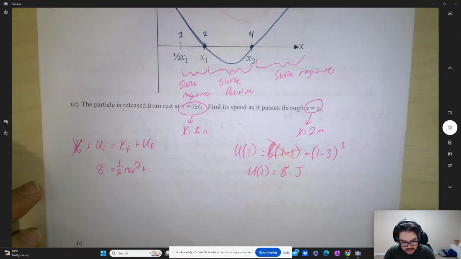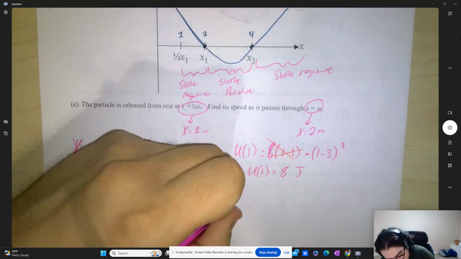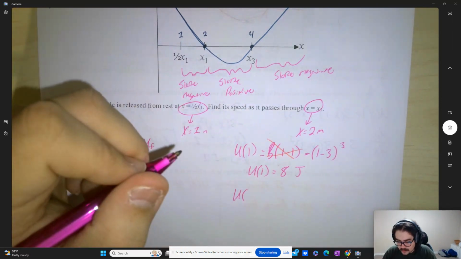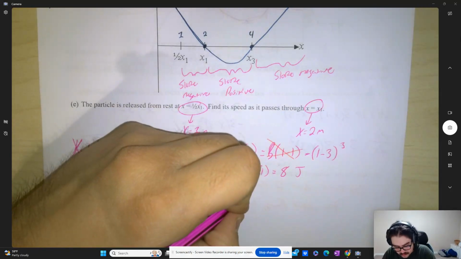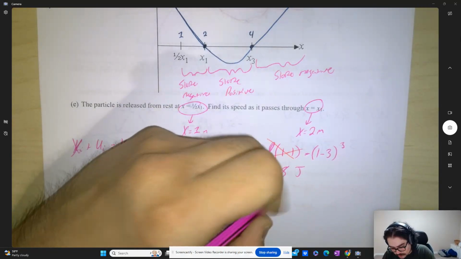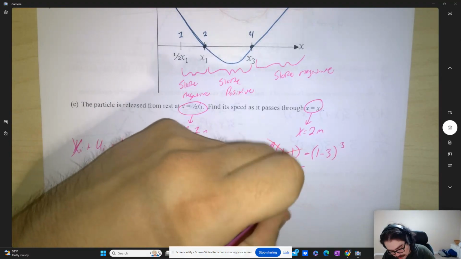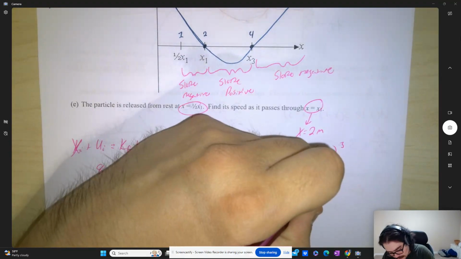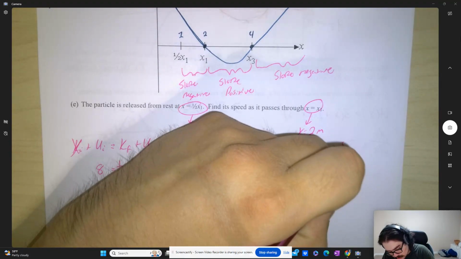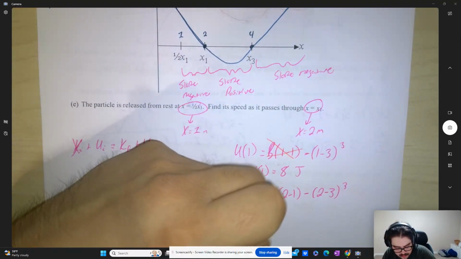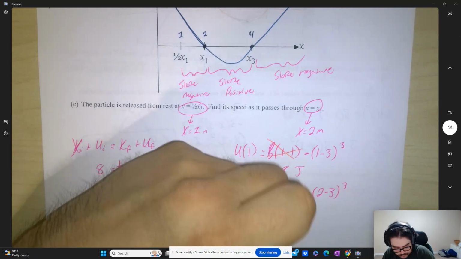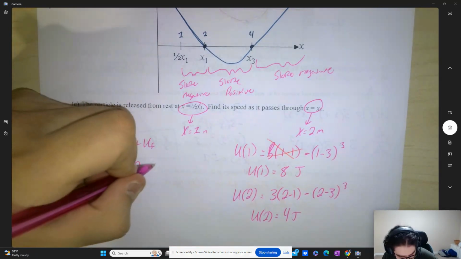It should be U of 2. I already solved this earlier. This is 3 times (2 minus 1) minus (2 minus 3) cubed. I solved this earlier. It ends up being 4, so this becomes 4 joules.